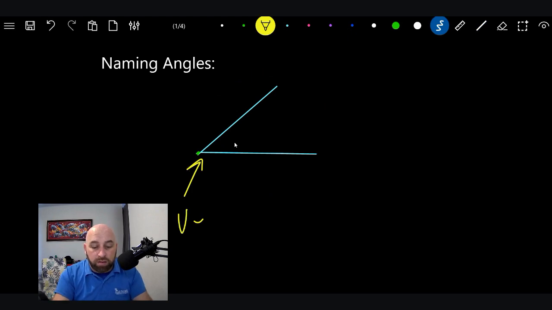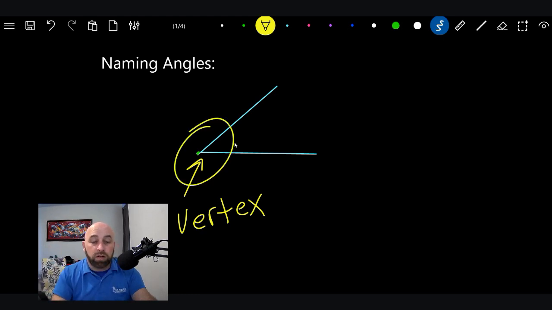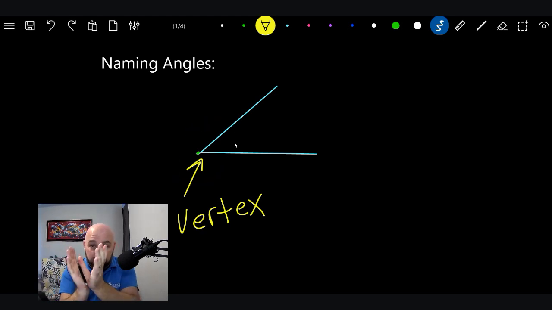This is called the vertex. It's called the vertex, and that's very important to understand and know. So when I say vertex, you need to know what I'm talking about. I'm talking about a point, but a specific point. It's a point that the angle comes from, where it comes together right there at the vertex. Okay, so we're going to use that quite a bit. Vertex, make sure you know that word.